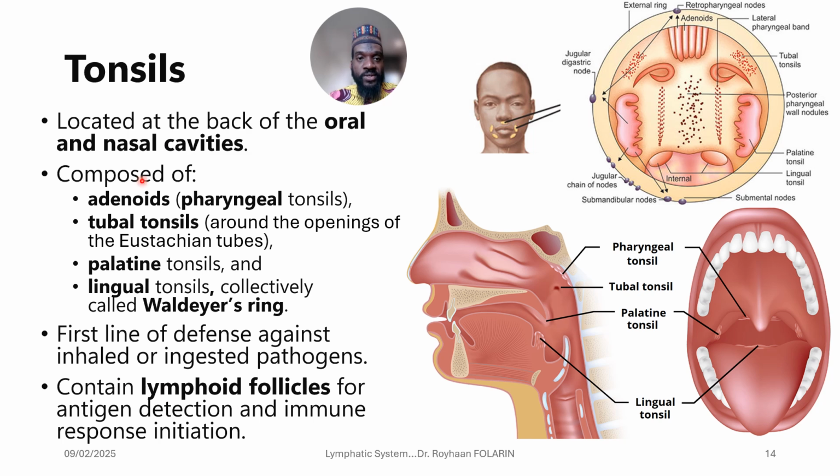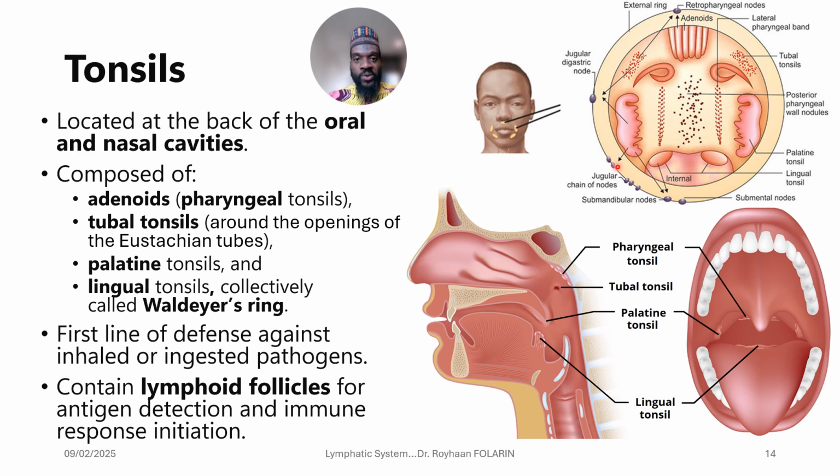Next are the tonsils. Tonsils generally serve as first line of defense against airborne and ingested pathogens. They are located at the entrance of both the respiratory and the digestive tract. So altogether, these tonsils form what we call the Waldeyer's ring.